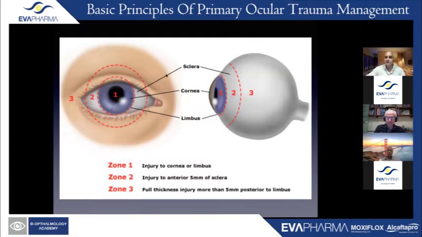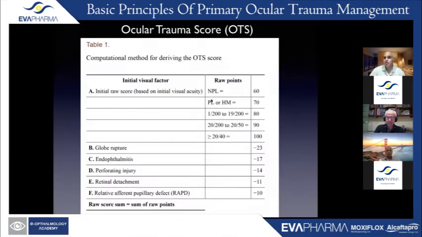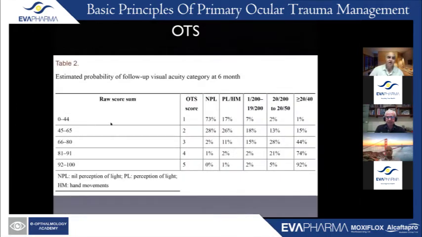This helps you in recording the type of injury, and also helps according to the ocular trauma score. It's not very complicated, but you have to be trained to do it. You just report everything, everything has a score, and then you will have a total score. If you have a low score, it means the good visual prognosis is very low.